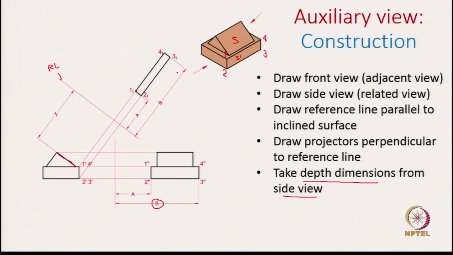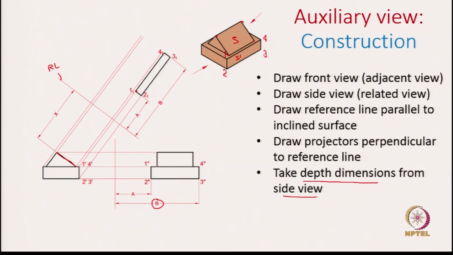We use the same procedure to capture the rest of the things. So, for example, if the point of interest we said is the surface S, that is defined by this corner 4 points. So, we use the same procedure where we first draw parallel lines or the projector lines and then measure the depth from the side view for these points.